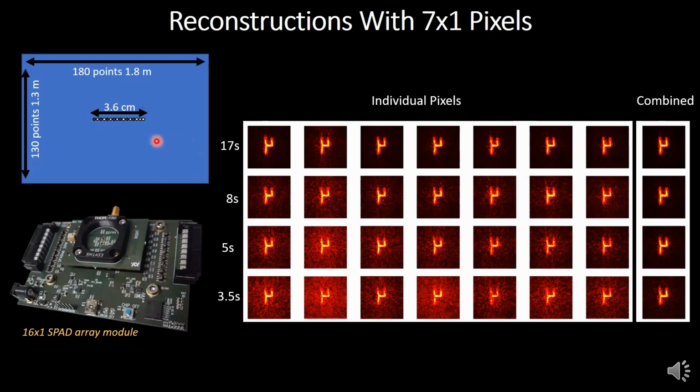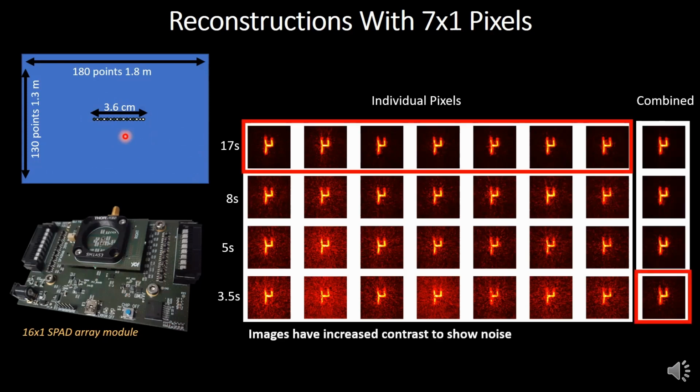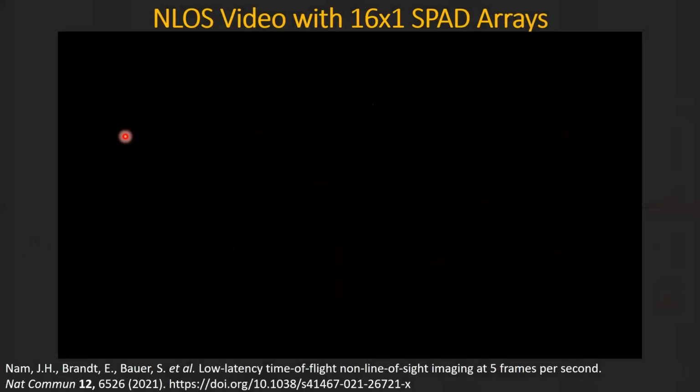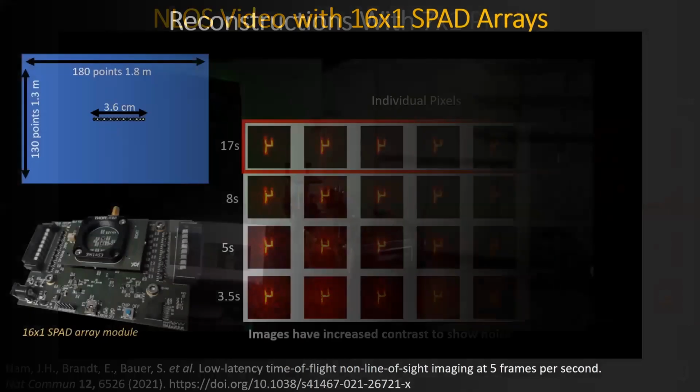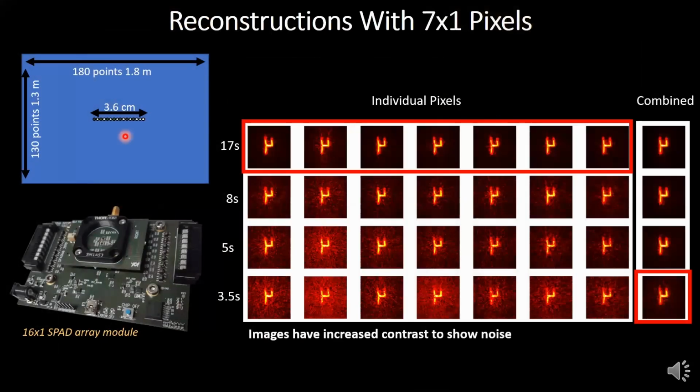So we confirmed here that if you have 7 pixels, I can get the same reconstructions in 1/7 of the time. So with 28 pixels, I should be able to speed up my capture by a factor of 28.